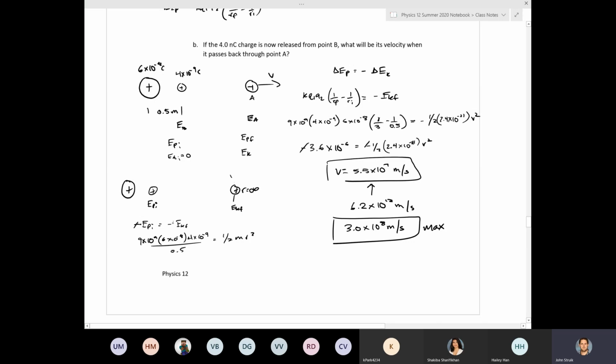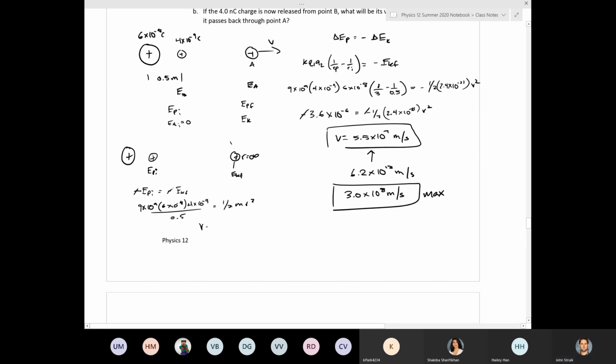And so if I were to do that, that would come out to be 9 times 10 to the 9 times 6 times 10 to the negative 8 times 4 times 10 to the negative 9 divided by 0.5, and then times by 2, divide by our mass, 2.4 times 10 to the negative 21, and then square root that. My answer comes out to be 6 times 10 to the 7 meters per second.